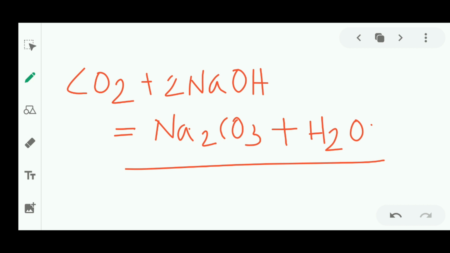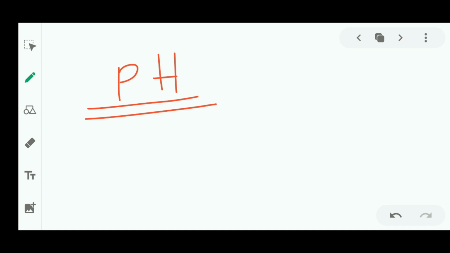Now there are a few things about the pH scale or pH value. We know now what pH value is. pH value indicates the acidic or basic property of a solution. So different things are done according to the pH value. Why is pH so important?